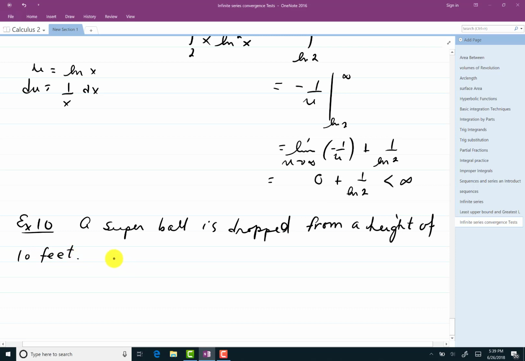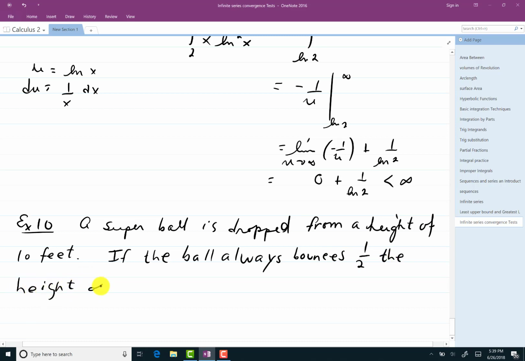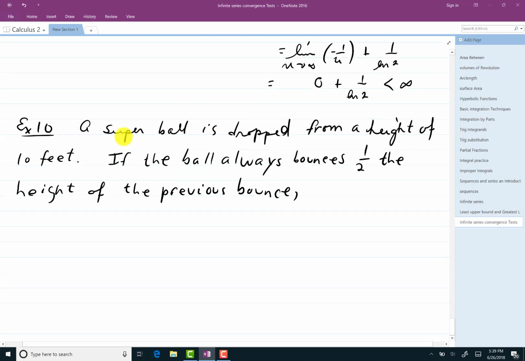If the ball always bounces one-half the height of the previous bounce, how far does the ball travel?